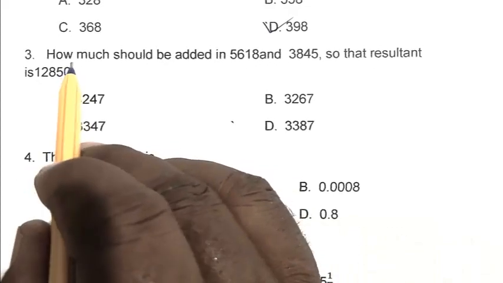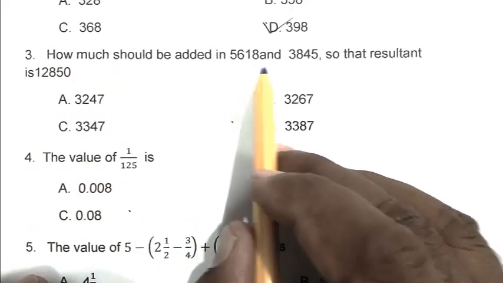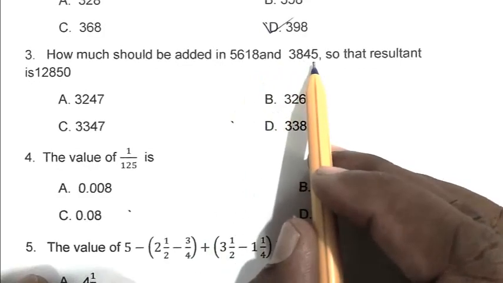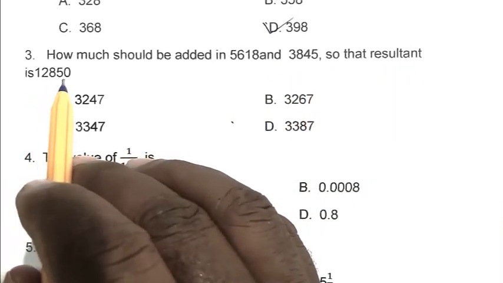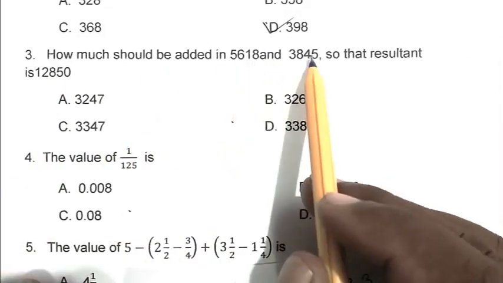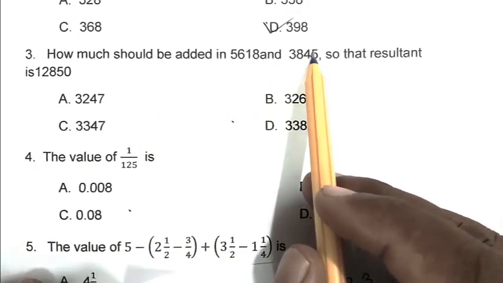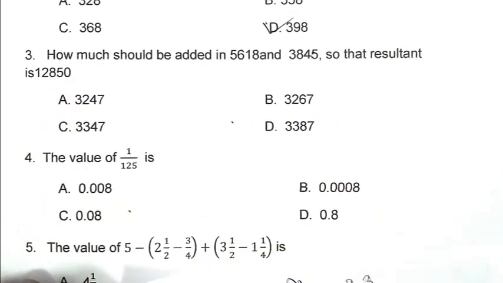Question number 3. How much should be added in 5618 and 3845 so that the resultant is 12850? First we add these two numbers, after that we subtract the resulting number from 12850.